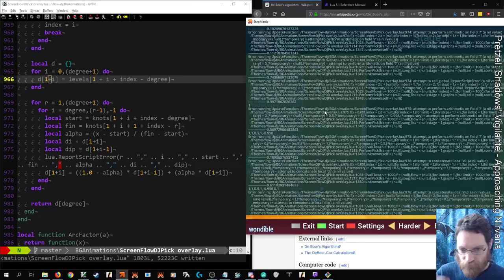Still had errors though. Concatenate local dip and nil value. So 1 plus 1 minus 1 should have been something. So alpha.